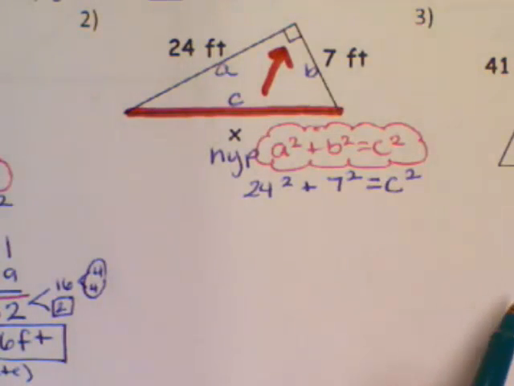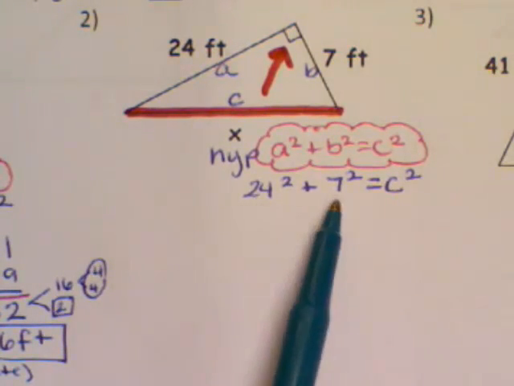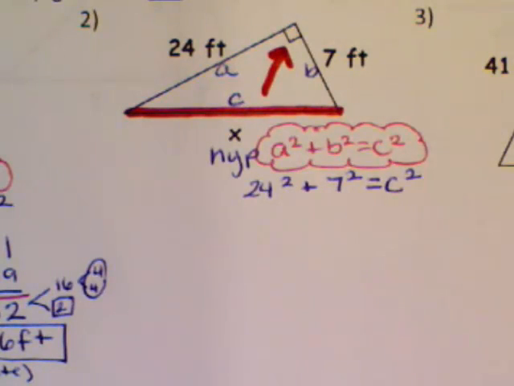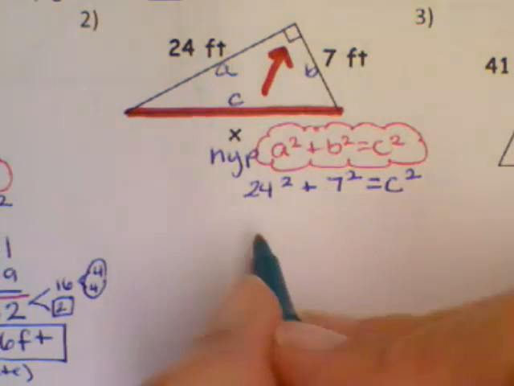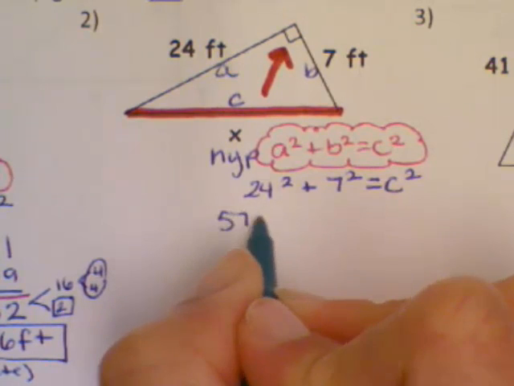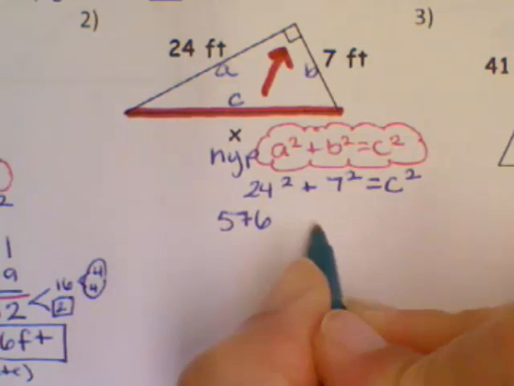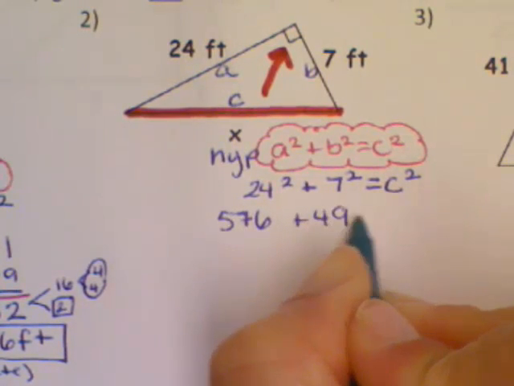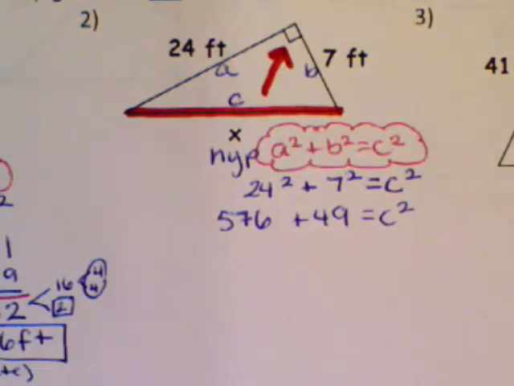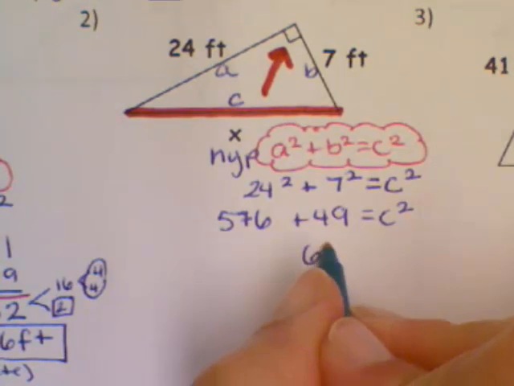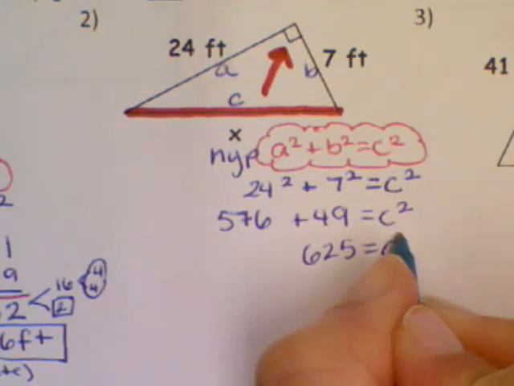So to solve this one, we need to square both of these. So you're using a calculator. So we have 576 plus 49 equals C squared. So we find out that C squared is 625.